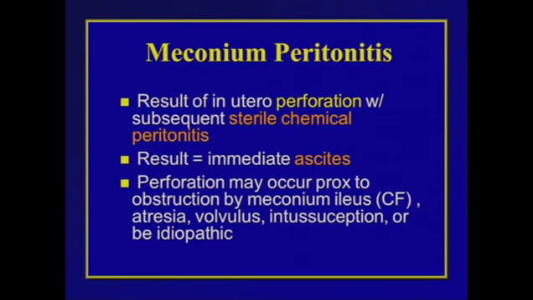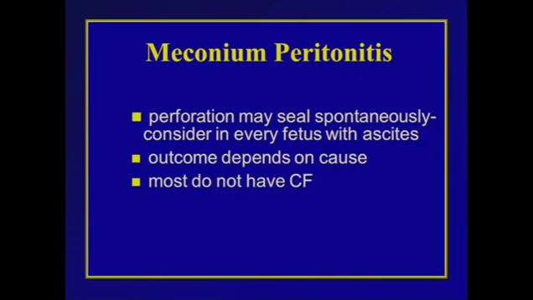Now, that perforation can occur proximal to meconium ileus, to an atresia, to a volvulus, to an intussusception, or it can be idiopathic. Often these perforations will seal spontaneously, so if a fetus comes in with ascites, it should be considered as a possibility when you're trying to determine the source of the ascites.